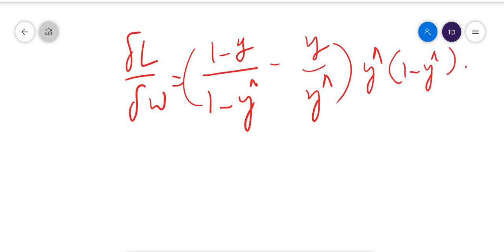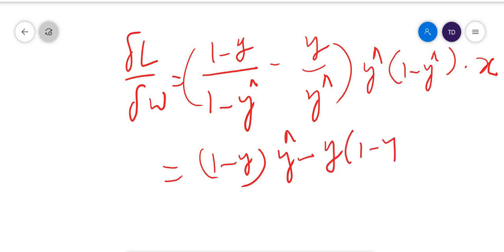The third term is x into x. So this one I am taking LCM. This LCM and this thing will cancel. So this y cap will come here: 1 minus y into y cap minus y into 1 minus y cap. That you will get it here.